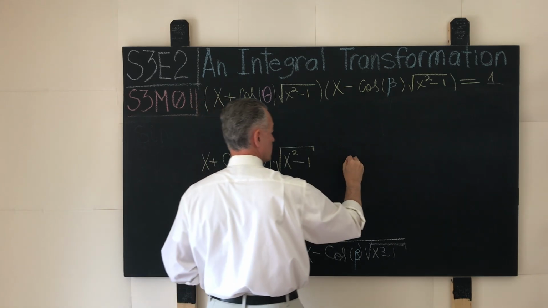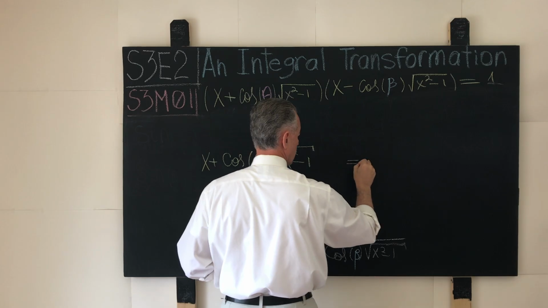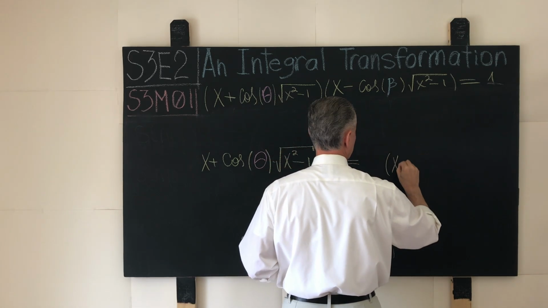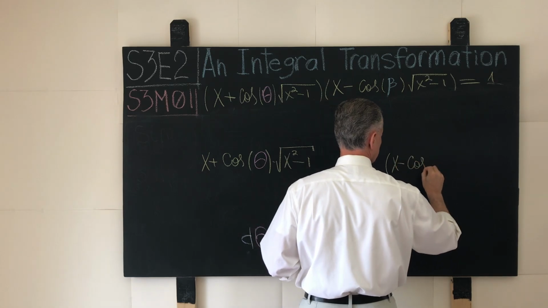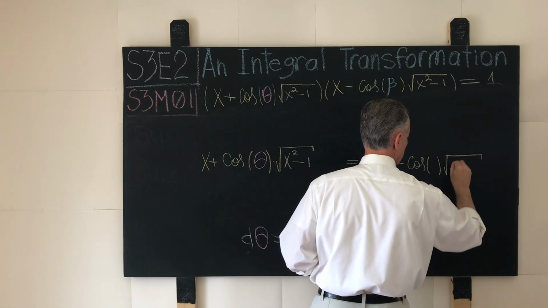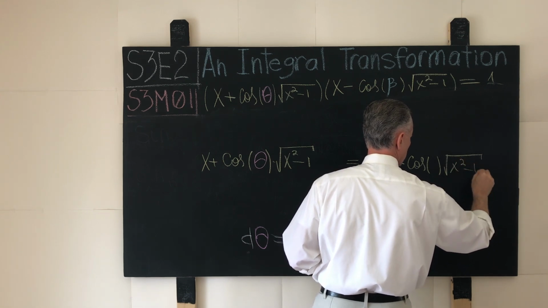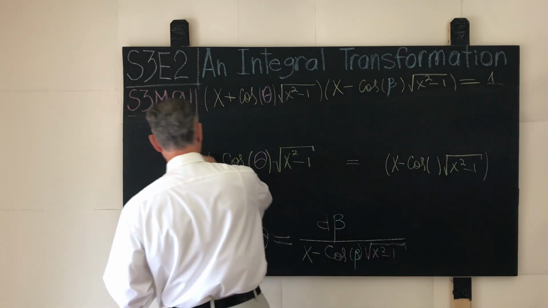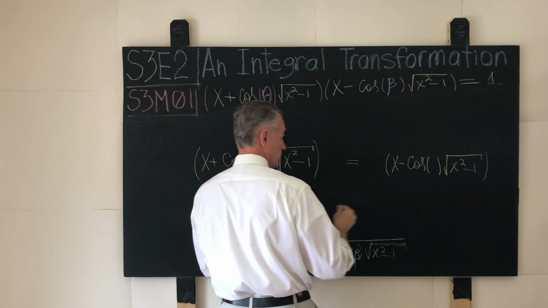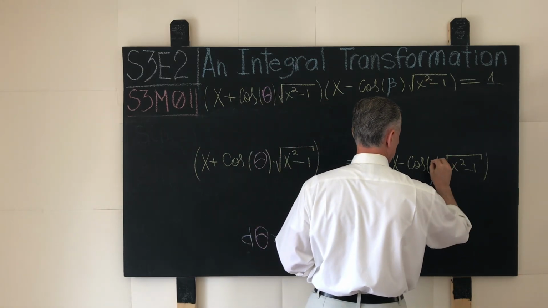Through this relationship, it is equal to x minus cosine of beta times square root of x squared minus 1. I will put the whole thing in parentheses, and you already see what is about to transpire here.